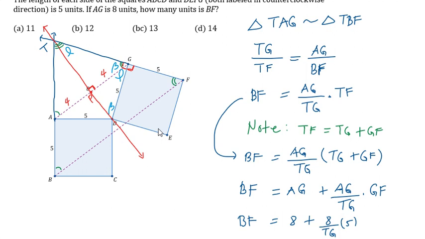For triangles TPG and GPD, TG corresponds to GD, and PG corresponds to PD. And so we will have the equation TG divided by GD equals PG divided by PD.